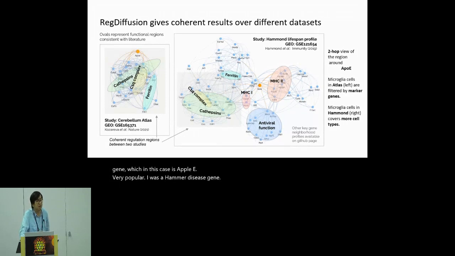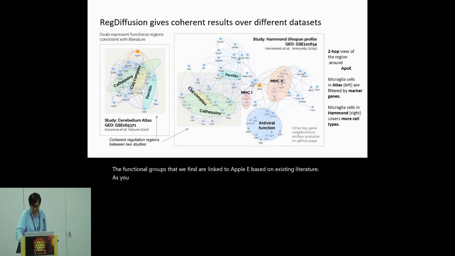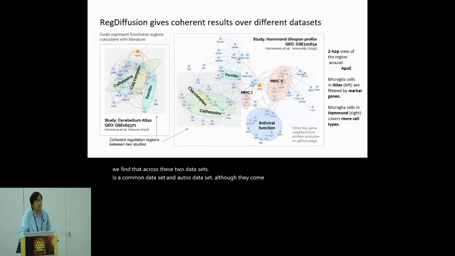And we also use colored ovals to denote the functional groups that we find are linked to ApoE based on existing literature. As you can see, they are very sensitive. Another interesting finding that excited us is that across these two data sets, the Hamon data set and the Atlas data set, although they come from two different groups, they are collected from two slightly different regions of the brain.